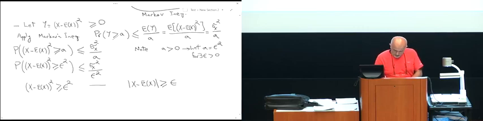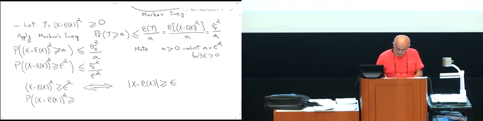In other words, this holds on the left if and only if the right inequality holds. So if that's true, then the probability that x minus the expected value of x squared is greater than or equal to epsilon squared is the same as the probability that the absolute value of x minus E of x is greater than or equal to epsilon.